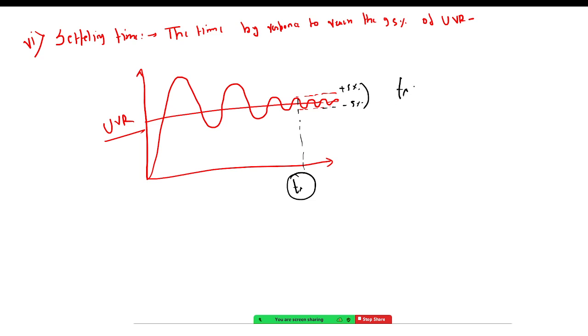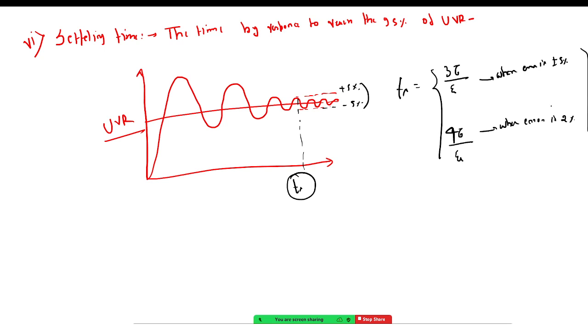T settling has been defined in two forms, that is 3 tau by zeta and 4 tau by zeta, right? Here, the first is when the error is plus minus 5% and the second is when the error is 2%. What does it mean? Let's say your ultimate value of response is 10.